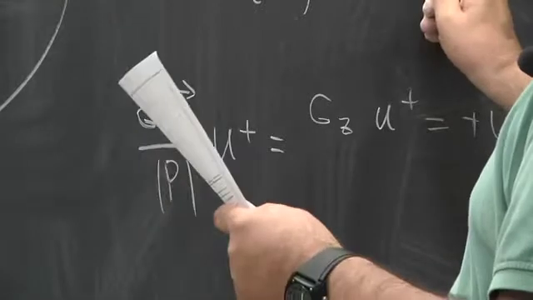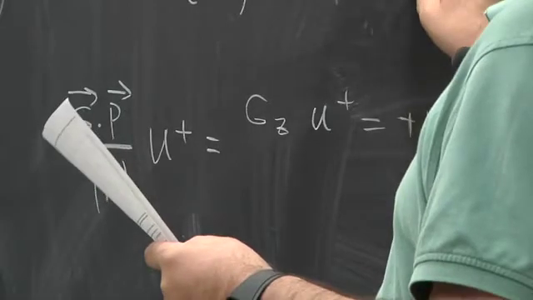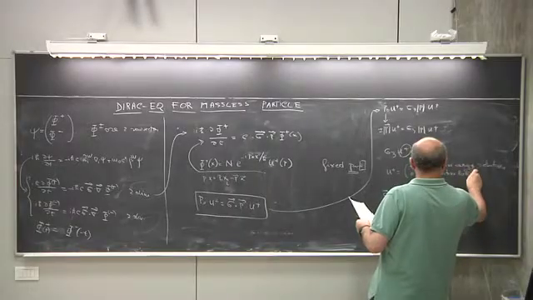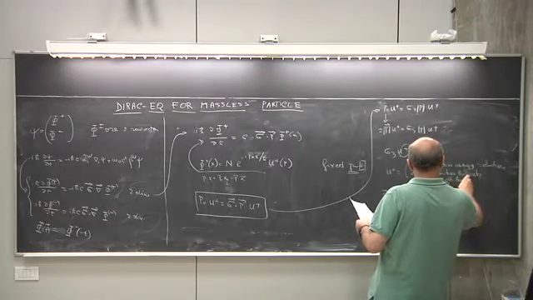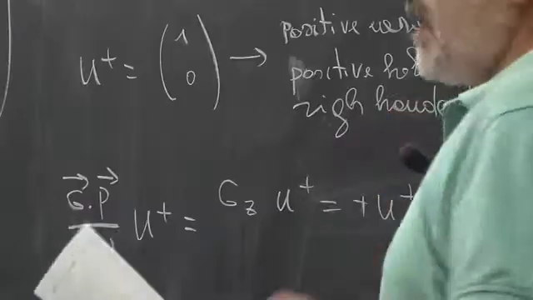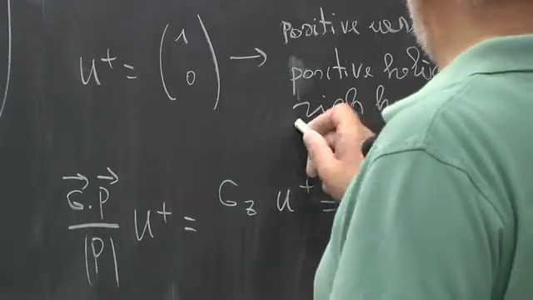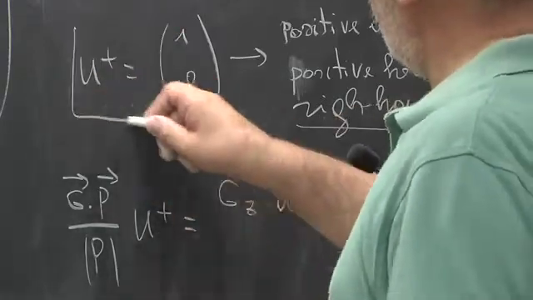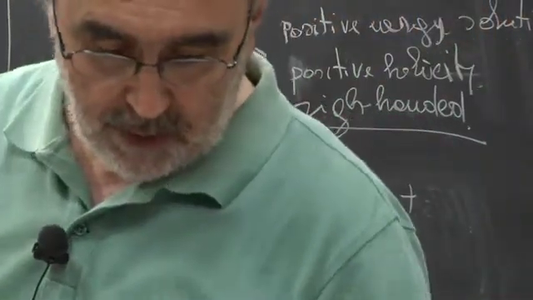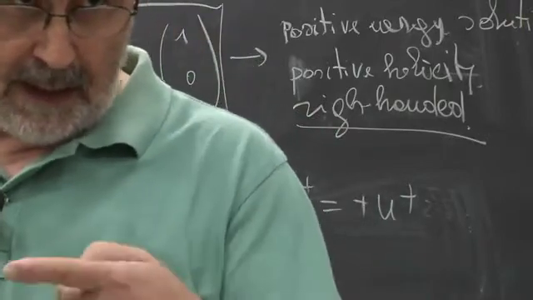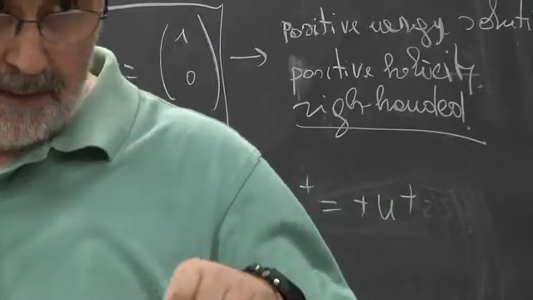So positive helicity, and positive helicity means right-handed. Positive helicity means the helicity operator has eigenvalue plus 1, but it is also called right-handed. Now, we will analyze these tomorrow, because there are massless particles like the neutrino, but they are not right-handed, they are left-handed, in the sense of their spin.